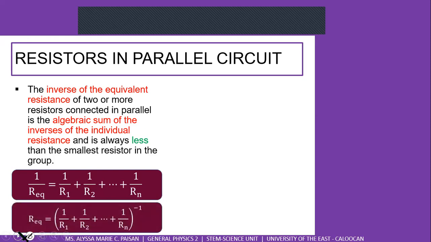So, like what we did with equivalent capacitance, we have to express it in a way that we can solve it better. Our equivalent resistance would be the sum of the reciprocals of the individual resistances, and then we raise that to -1. So, again, if you have 4 resistors, the equivalent resistance is equal to the quantity 1 over R1 plus 1 over R2 plus 1 over R3 plus 1 over R4, close parentheses, raised to -1.